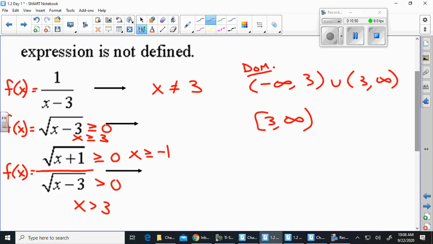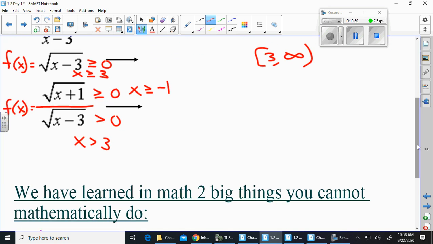But if I think of putting that together, and what a lot of people last year, they like to think of domain like think of a number line. Greater than or equal to -1 is all those numbers. Greater than 3 is all those numbers. You have to put in the intersection because the fact that 0 would work on the top, it doesn't work on the bottom.